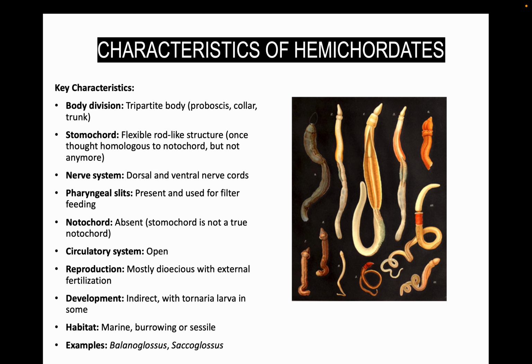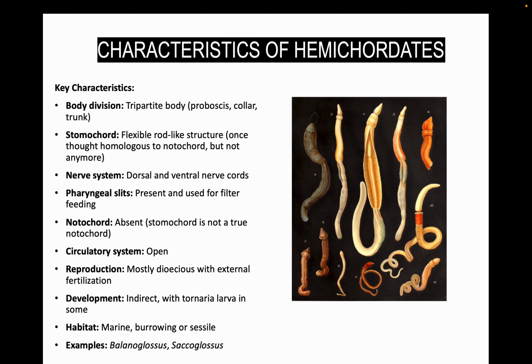It's flexible and rod-like in appearance. The nervous system of hemichordates is characterized by the presence of dorsal and ventral nerve cords. The pharyngeal slits are present, primarily important for the animal to acquire nutrients. The circulatory system is said to be open, not confined in blood vessels.